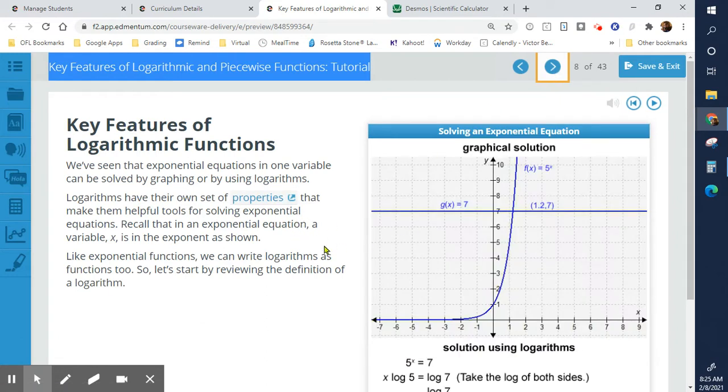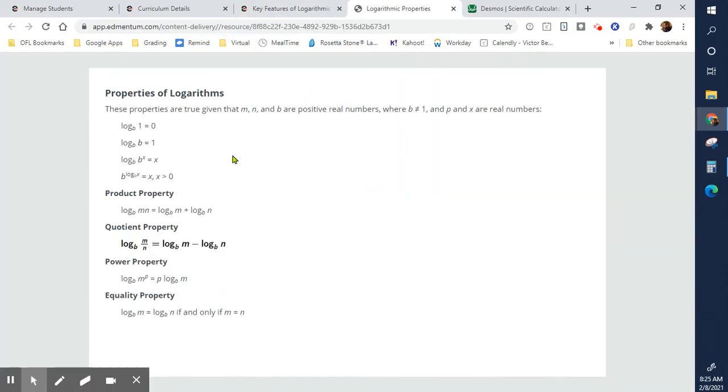All right, so when we're talking about logarithmic functions, properties. The word properties when we're talking about logs are these ideas here. Log of 1, any base, has to be 0. If the base is equal to itself, it's always going to have to be 1.